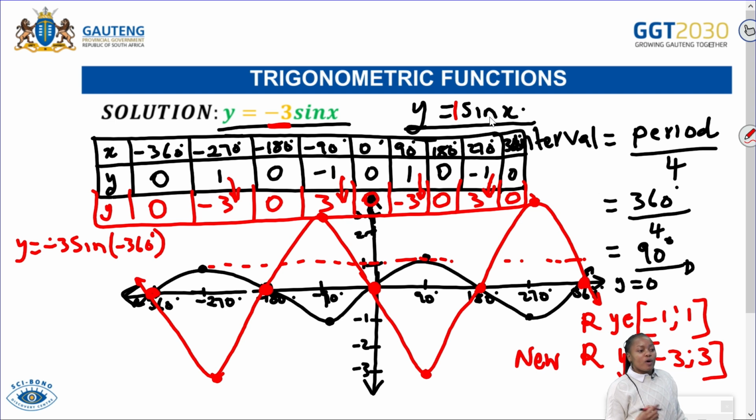So the values of y have been multiplied by that factor of a, which is -3. From -1, it has been multiplied by -3, it is now 3. From +1, it moved to -3. So it means even your range is going to change if your amplitude changes. With this one, it changed from -1 to +1, and then it changed to -3 to +3.